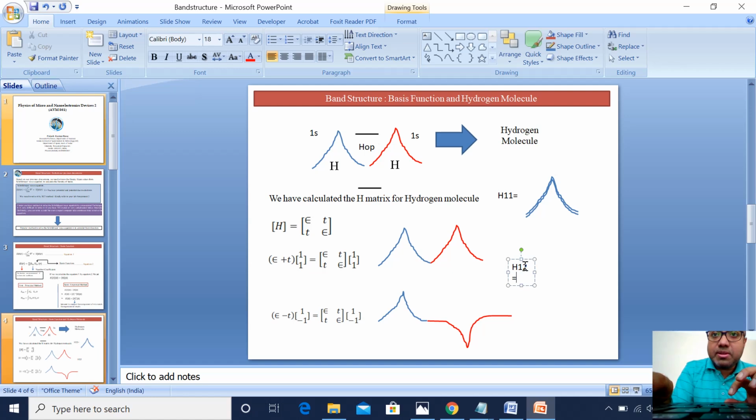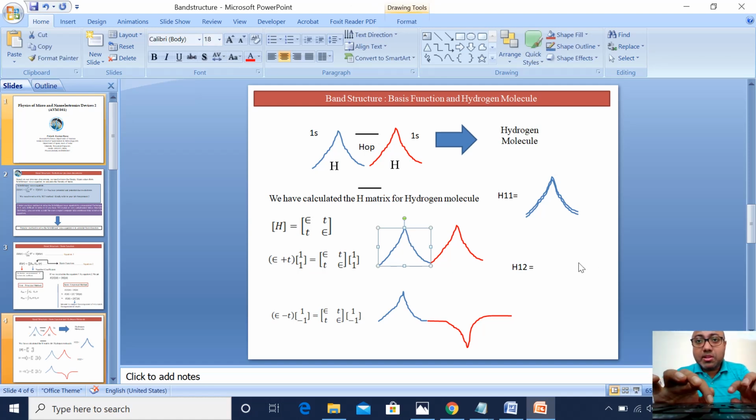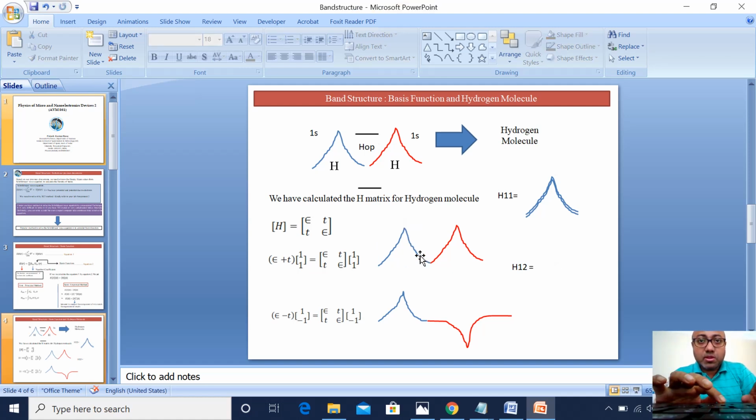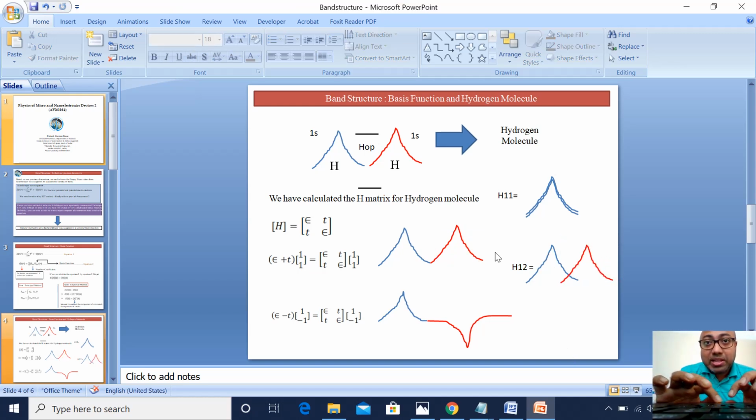If you can remember what I mentioned, this is molecule 1 and this is molecule 2, but they are actually separated.